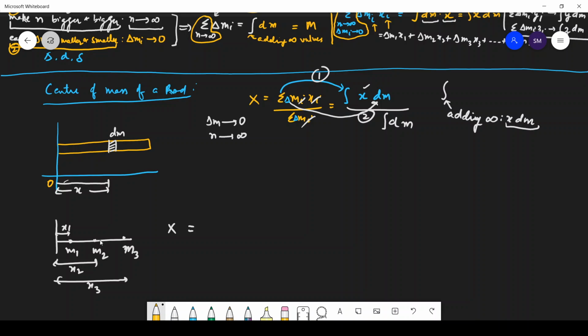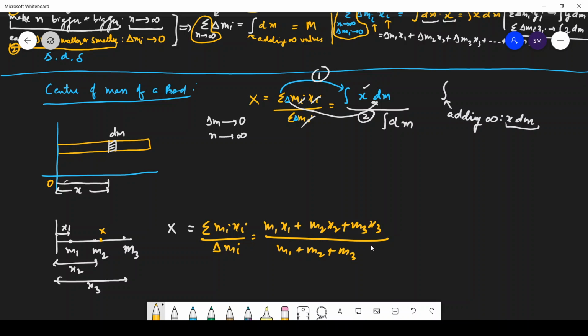Obviously it will lie on this line also, somewhere here suppose. So x was equal to sigma mi xi upon sigma mi, and that was equal to m1 x1 plus m2 x2 plus m3 x3 divided by m1 plus m2 plus m3.